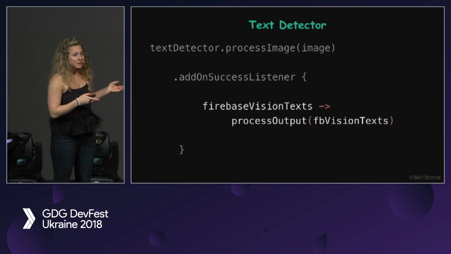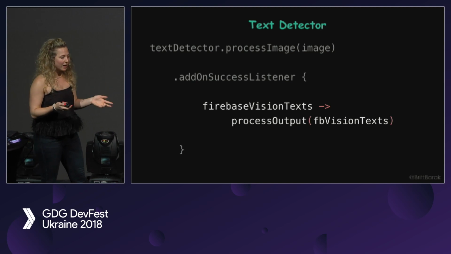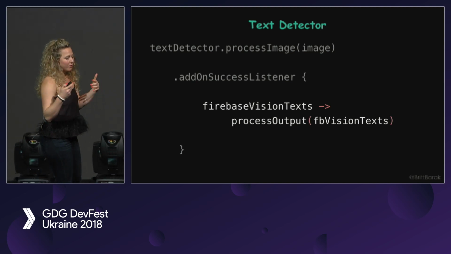So in this case, the output that we get is an object of the type FirebaseVisionText, which is really nice, really easy and simple to use. It has blocks, and then lines, and then the words. So theoretically, you can just ask, okay, give me the second word in the third line, something like that.